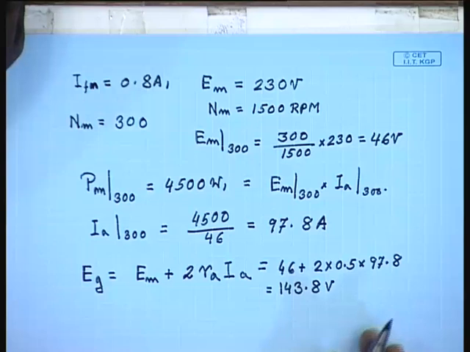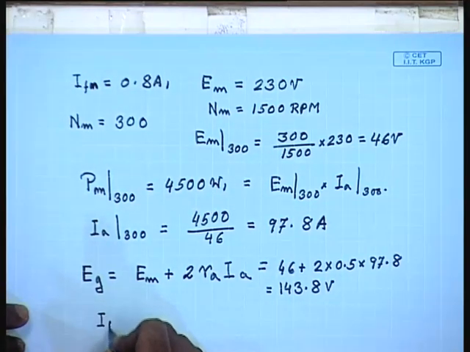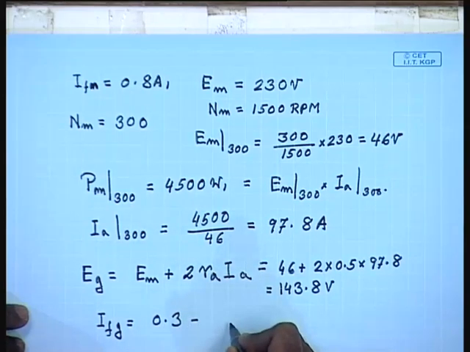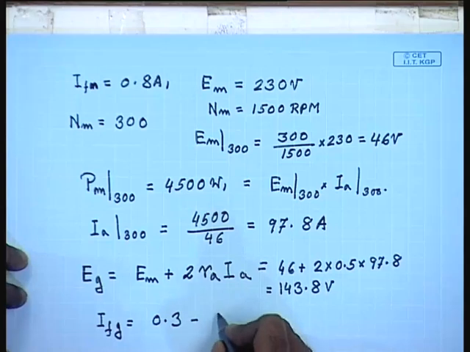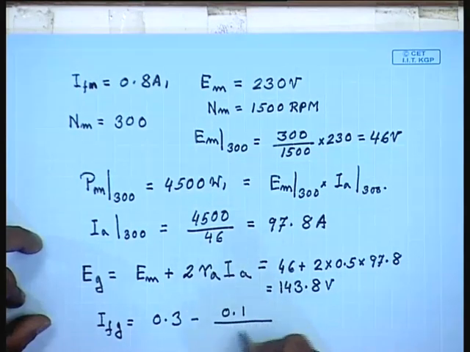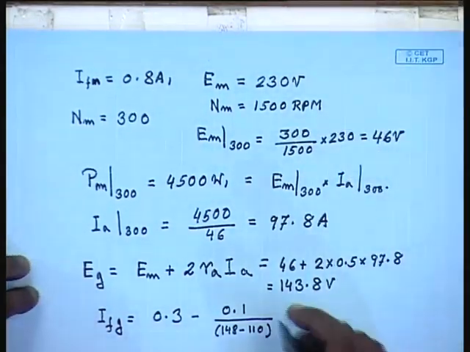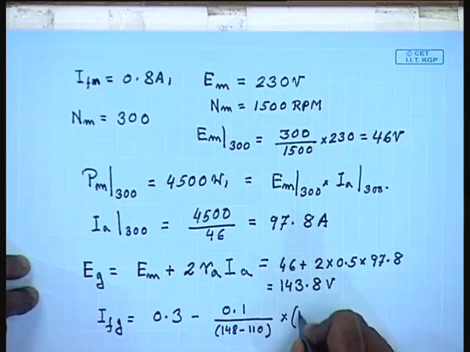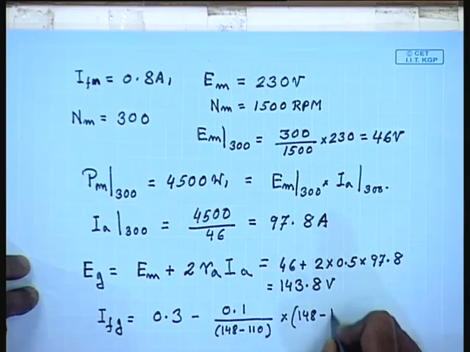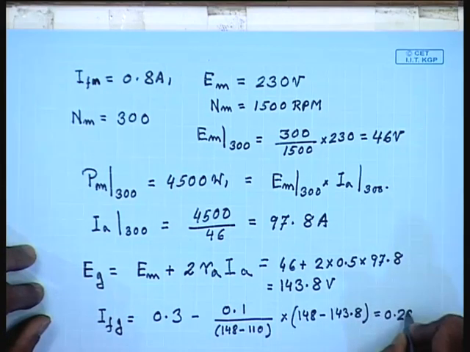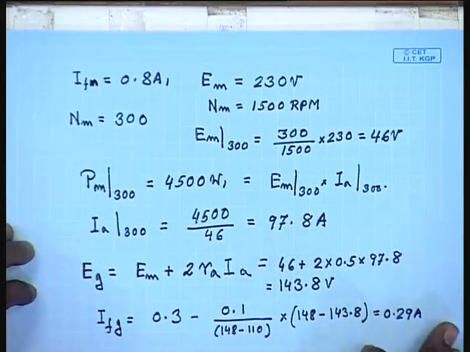So, the field current required IFG will be less than 0.3 ampere, minus 0.1 divided by 148 minus 110 (0.1 is the difference between the two field currents) into 148 minus 143.8. This is equal to 0.29 amperes.